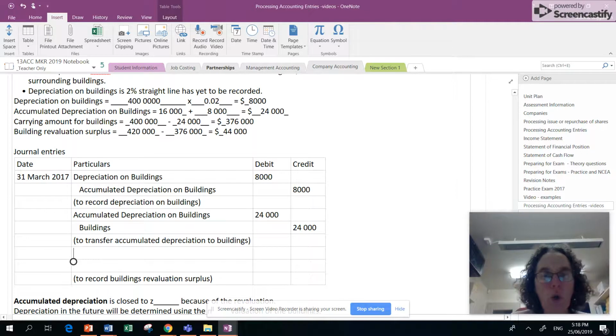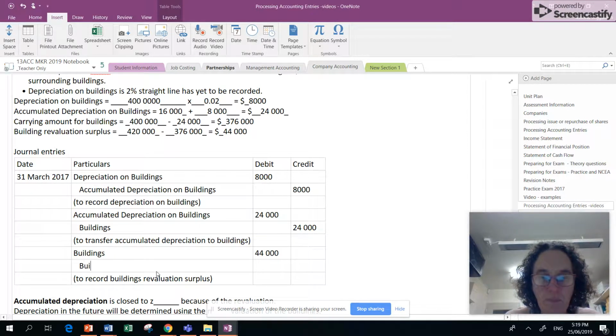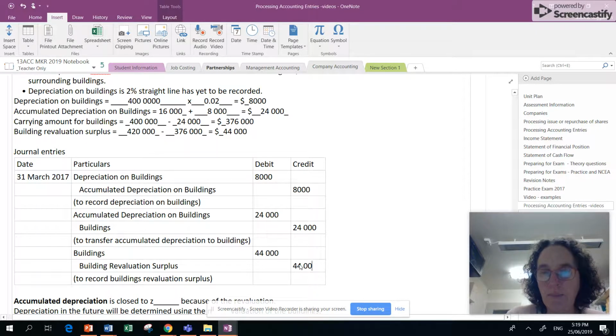Now we're going to record the buildings revaluation surplus. We've got our buildings, and it's increasing to get it to the market value. We're going to increase it by $44,000, and then we've got our building revaluation surplus, and this again is another new equity account.